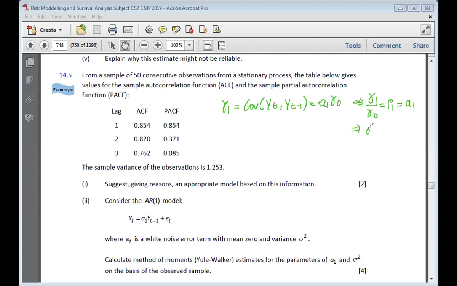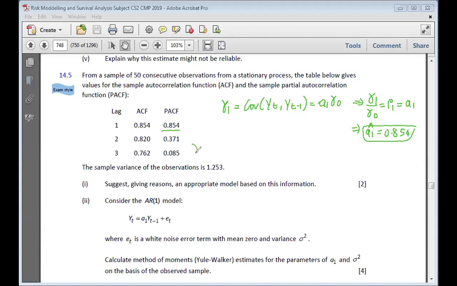So this implies that my A1 is 0.854, right? And again, this is my calculated value, so I have to write a hat over there.